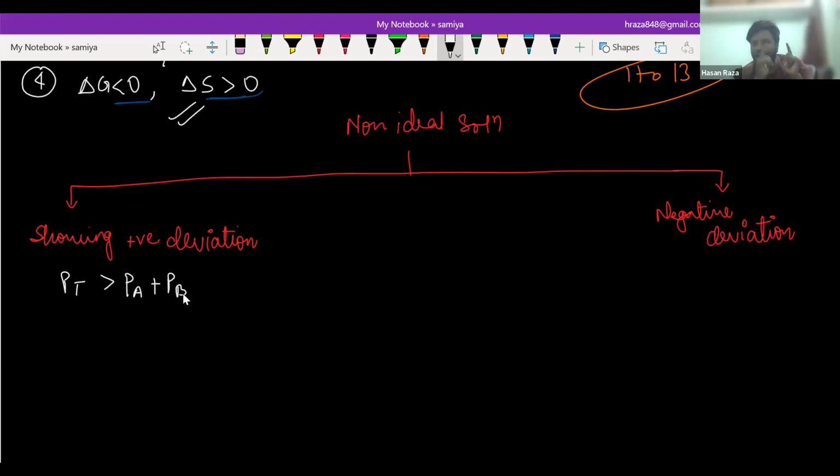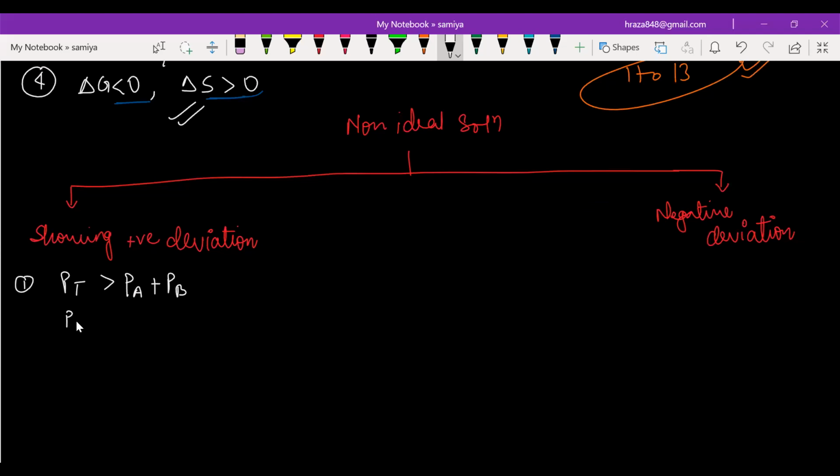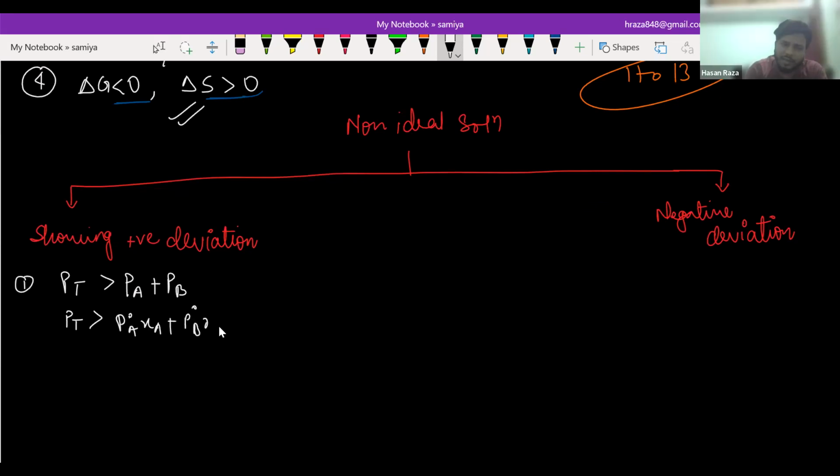That means observed total pressure will be greater than calculated total pressure. Is that clear? Yes, sir. PT total pressure greater than P naught A chi A plus P naught B chi B.